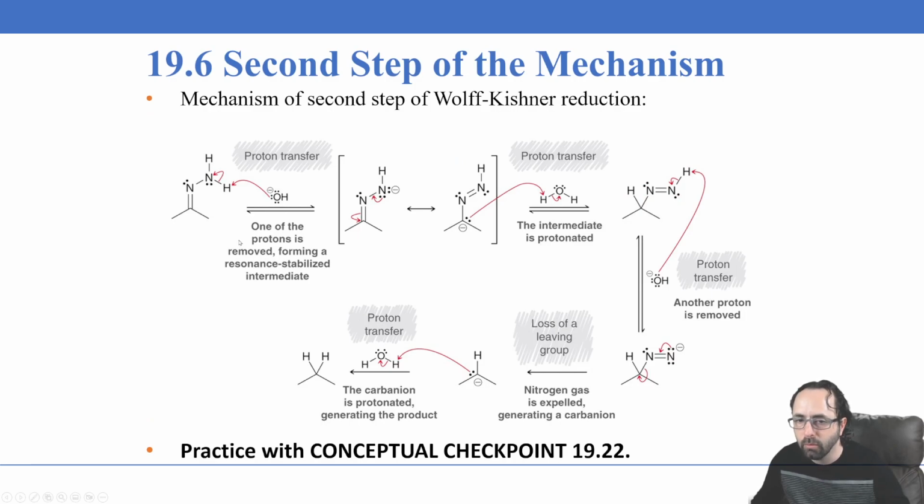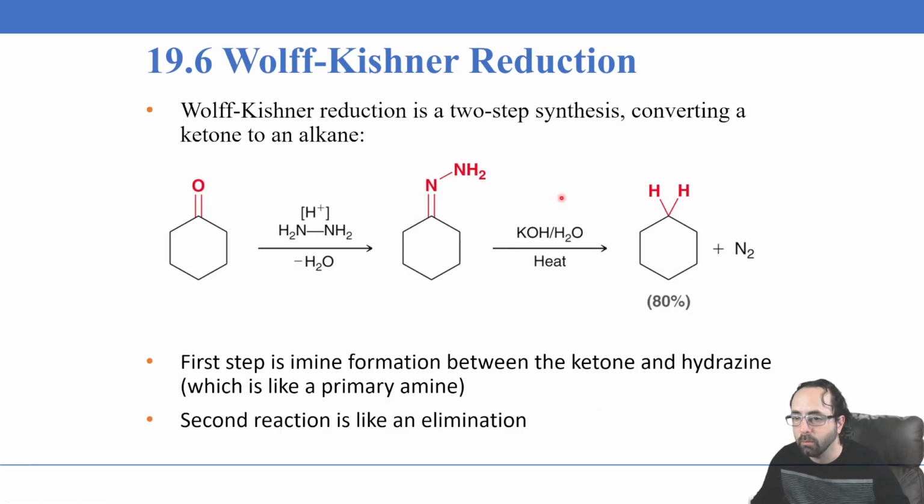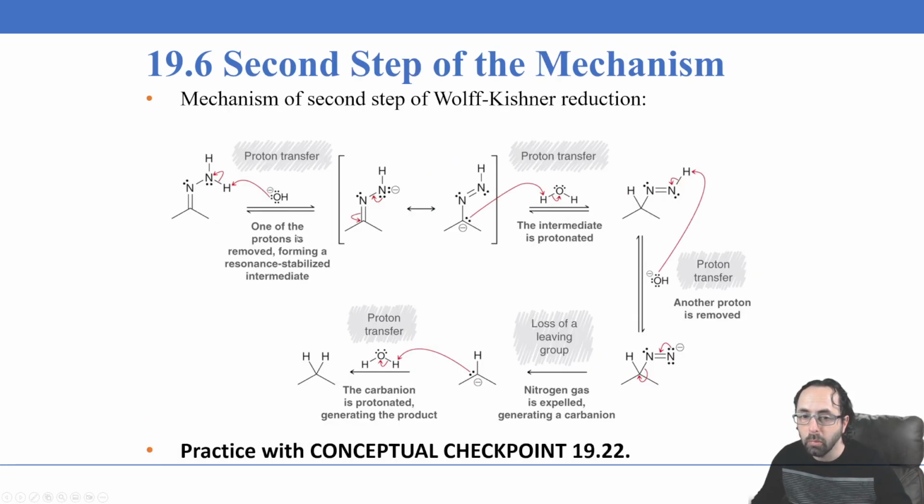Here's the mechanism for that. So the mechanism for the second part, at least, here. The first part is going to be completely analogous to the reaction with another nitrogen as a nucleophile, as we had seen before. But after that, when we have this complex here, it's going to be deprotonated to begin with, and then we have a negative formal charge on the nitrogen.